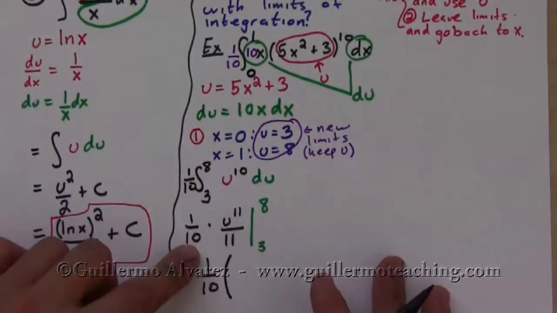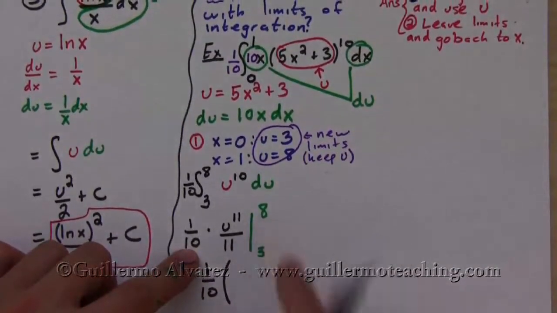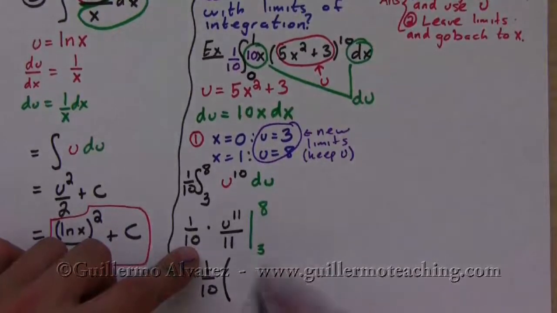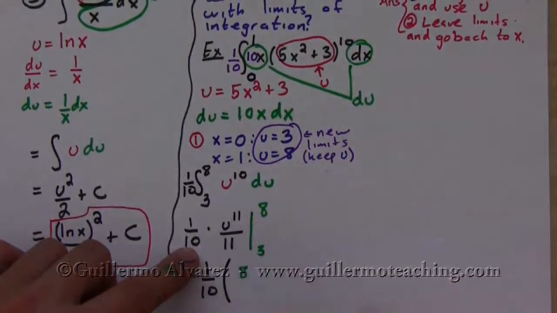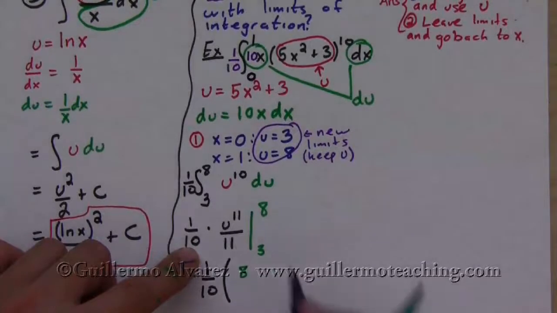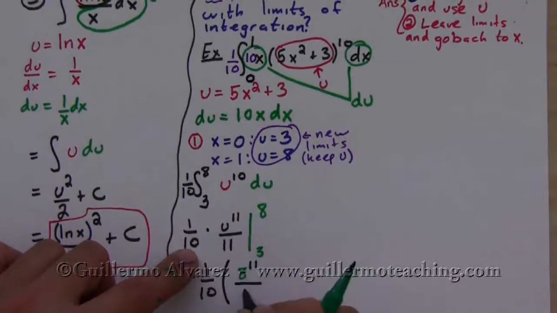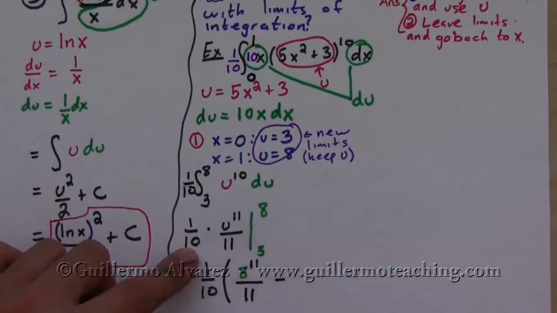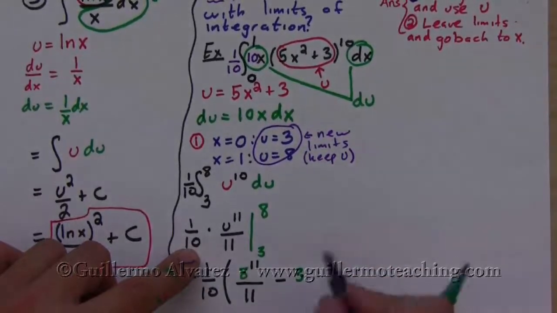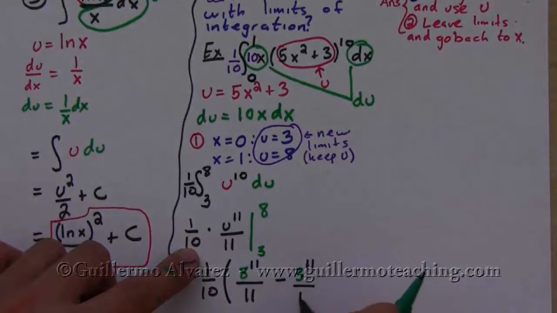So I'm going to plug in top minus bottom. So I'm going to have 8 to the 11 over 11 minus 3 to the 11 over 11.